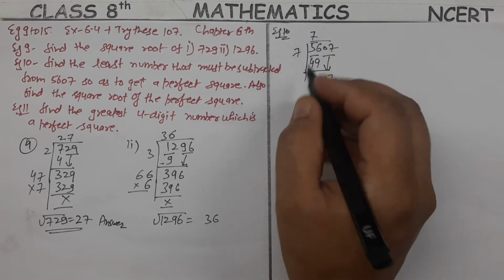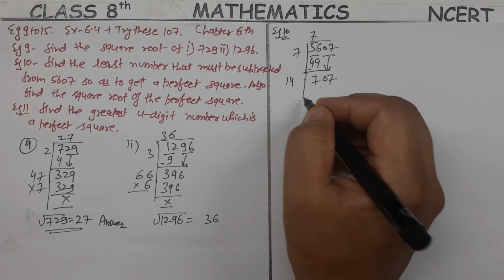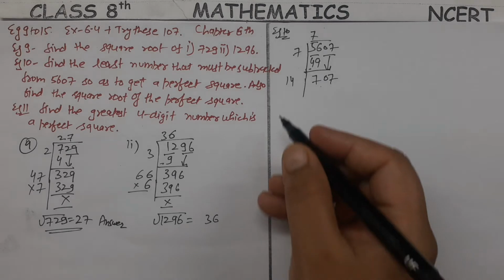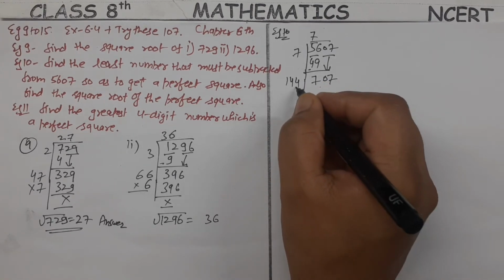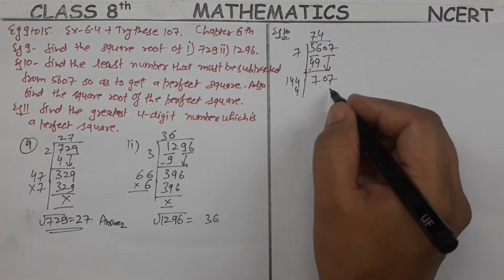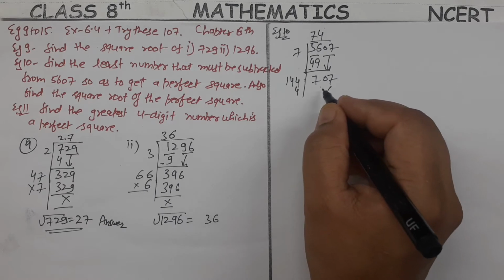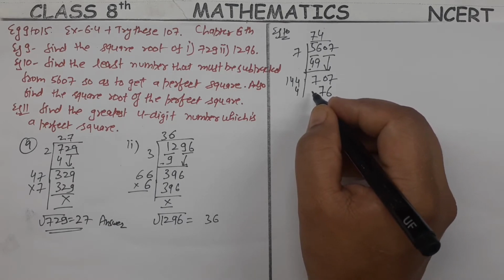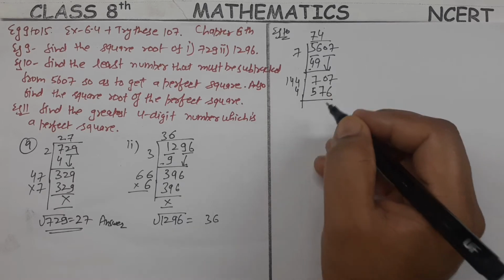Pair. Double of 7 is 14. 4 4s are 16. 4 4s are 16 plus 1 is 17. 1 4 is 4 plus 1 is 5.